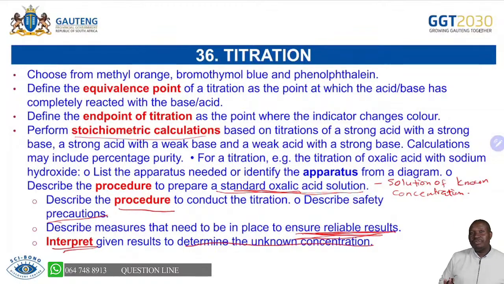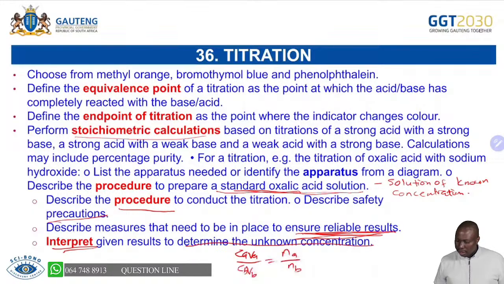For the neutralization equation, I said it is CA VA over CB VB equals nA over nB. That is the equation you are going to use to determine the concentration of either the acid or the base. One of them will be known, and we refer to that as a standard solution, because a standard solution is a solution of known concentration.